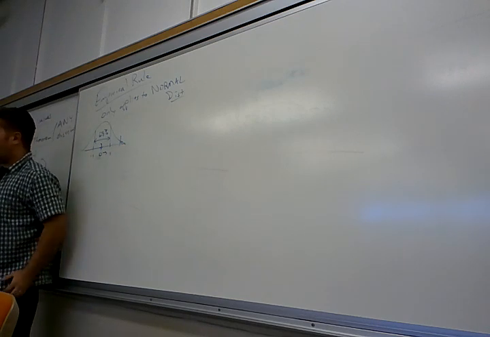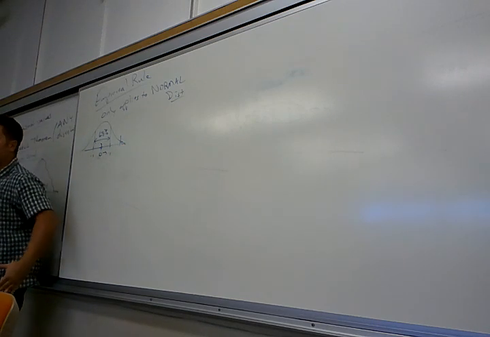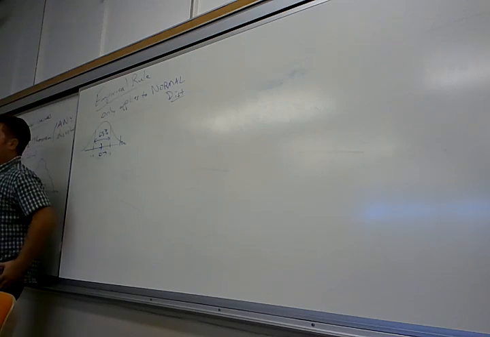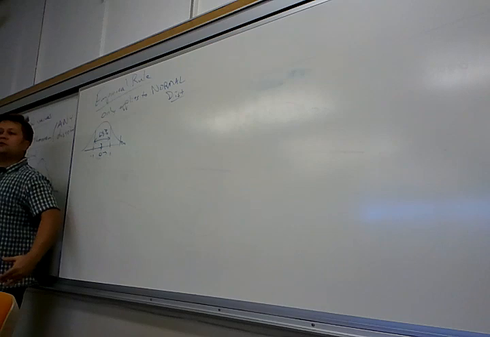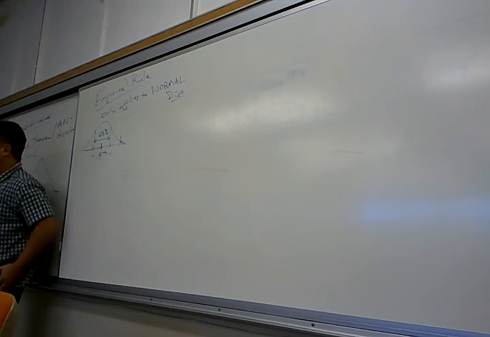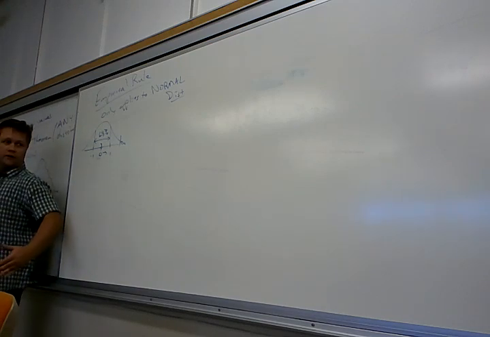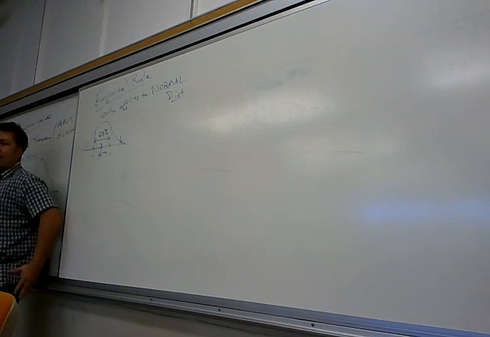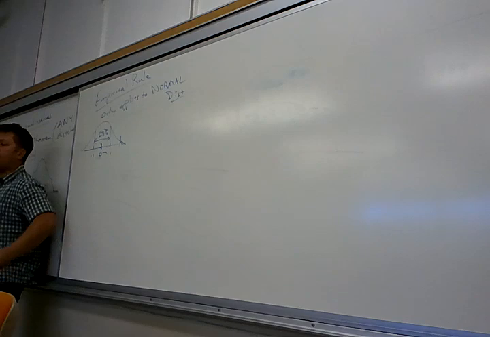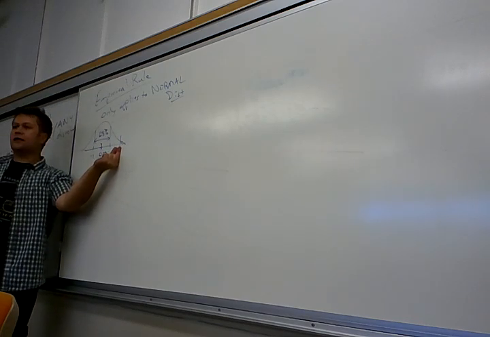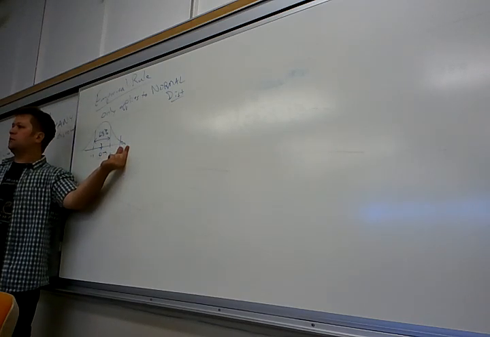Or airplane seats. There was a big article a while back about how our widths are getting wider, so they want only a certain percentage of people to have to buy a second seat. So they have to know the average girth and the standard deviation to see, if I want this percentage, how big do I have to make that seat? So only this percentage of people will come and complain to me.